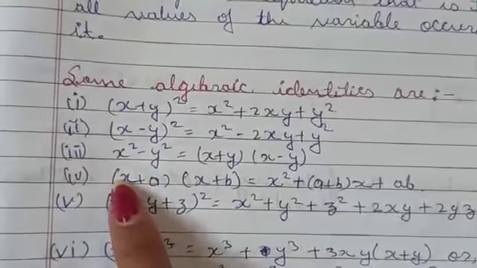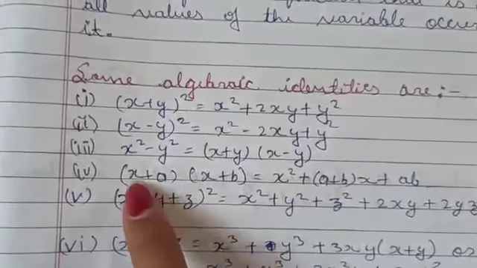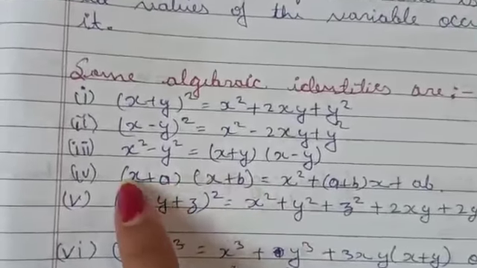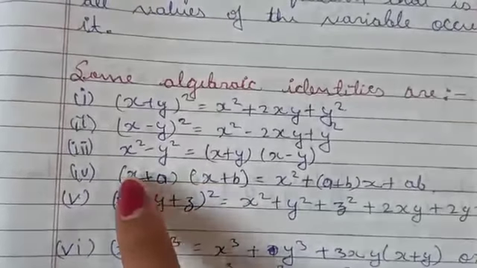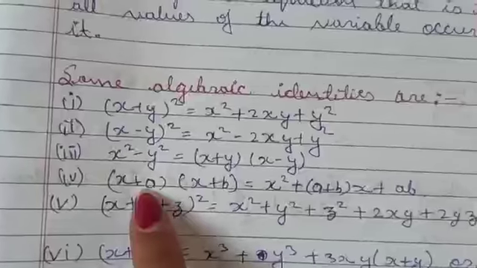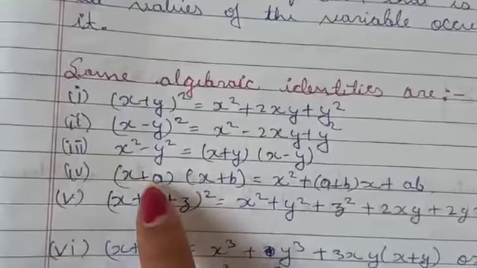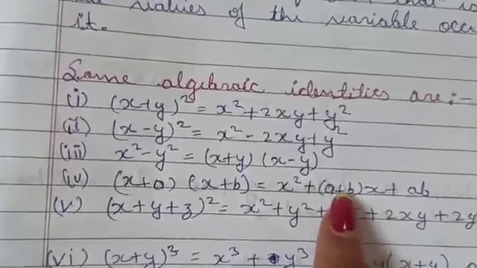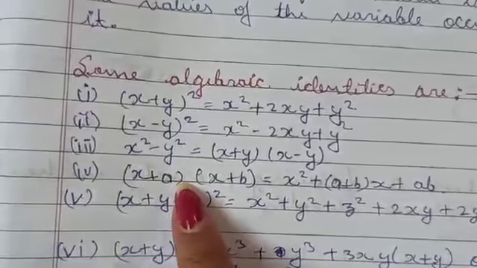See how x multiplied by x is x square, plus x multiplied by b is xb, and in the second term, a multiplied by x plus a multiplied by b. When you open this bracket, it will be ax plus bx, which we are getting from here also.